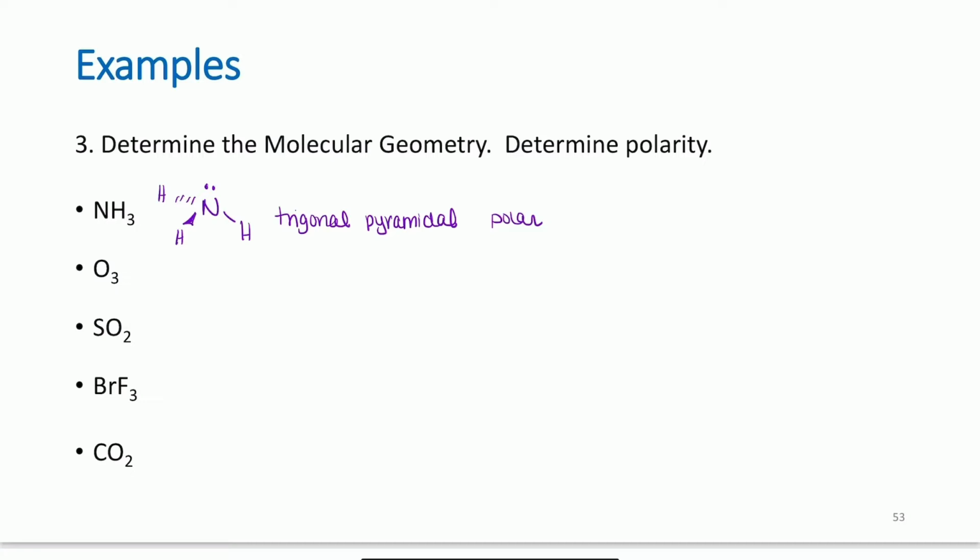O3. This is called ozone, by the way, in case you guys care. If you draw this out, you're going to find it has a resonance structure. You can either have oxygen double bonded on this side or double bonded over here.